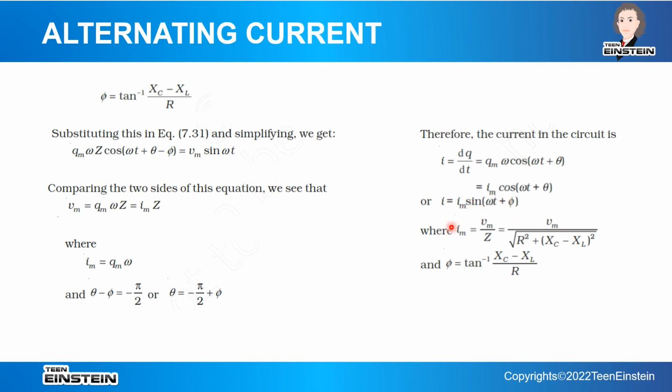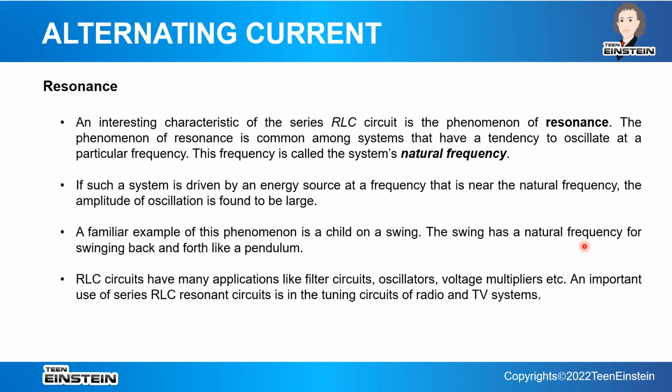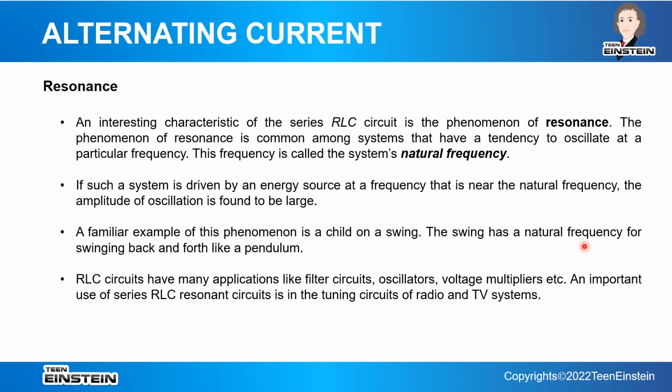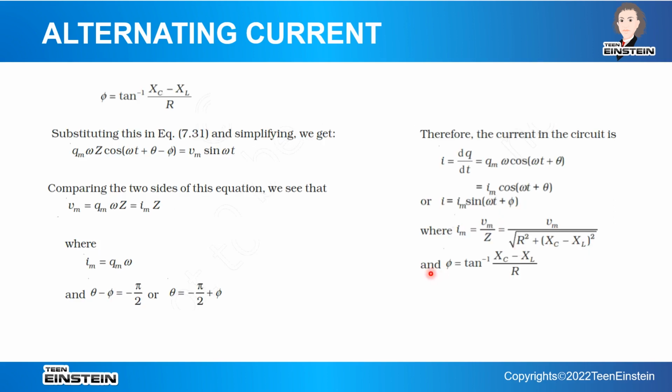So now we can find out what is the magnitude of Im. Im equal to Vm divided by Z. And what is Z? Z is nothing but square root of R squared plus XC minus XL the whole squared. And we know what is the phi value. So what did we do here is, we found out the value of Im and the value of phi by just doing the analytical method.